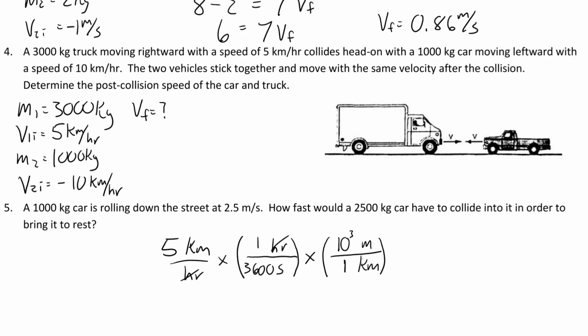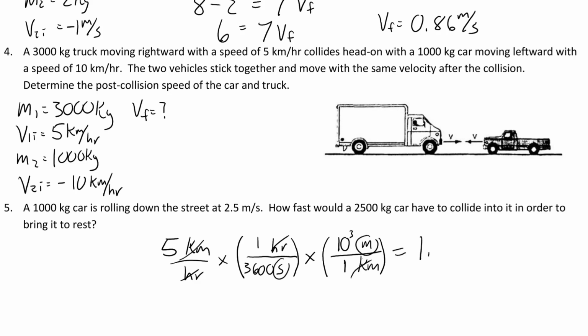And since these two numbers are equivalent, when you divide them, you're left with 1. So it's like you're multiplying this quantity times a 1. You're not changing the magnitude at all. What you're doing is getting rid of the units. So you're left with an answer in terms of meters per second. So you get 5 times 10 to the third, divided by 3,600.